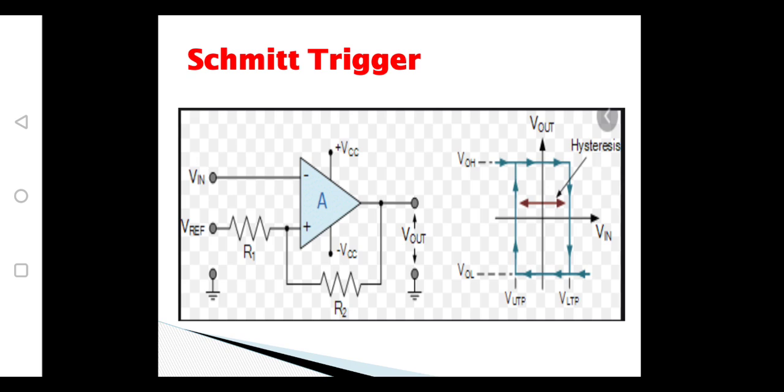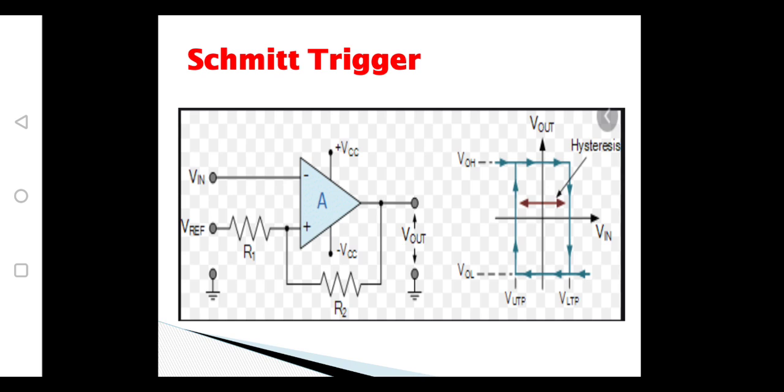In the previous case we had only one reference voltage, so if noise is added on the signal, the output will not be a perfect one. So instead of a single reference, here we'll be using two references, that is upper threshold and lower threshold.